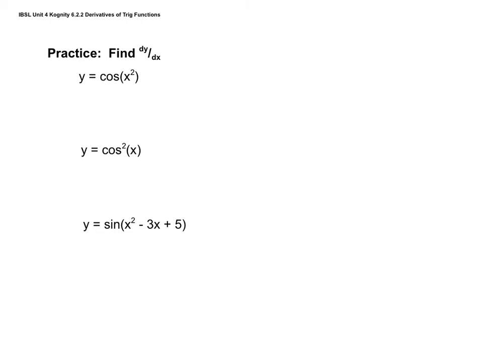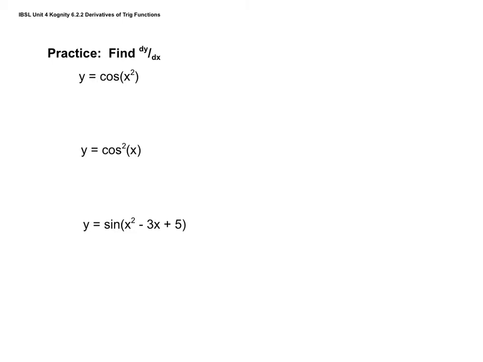So guys, check this out. We have the cosine of x squared, or we have cosine of x that is squared, okay? You've got to pay attention to, is the x being squared or is the cosine being squared? And it makes a big difference in how you do the chain rule, okay?